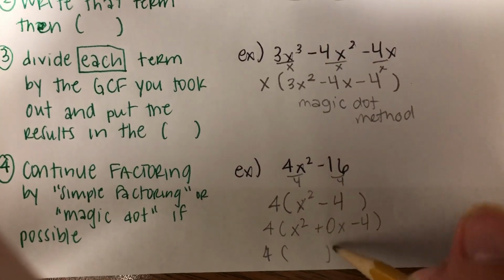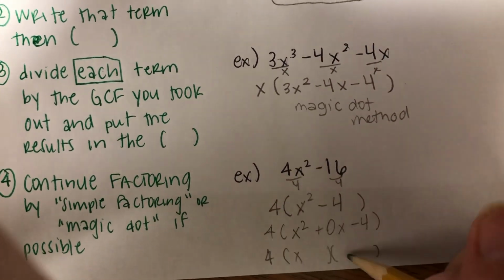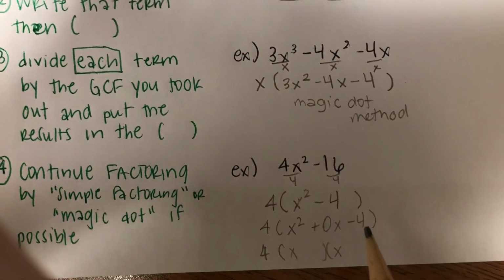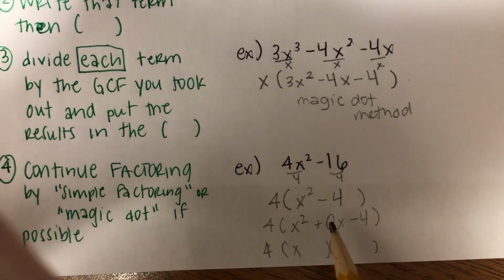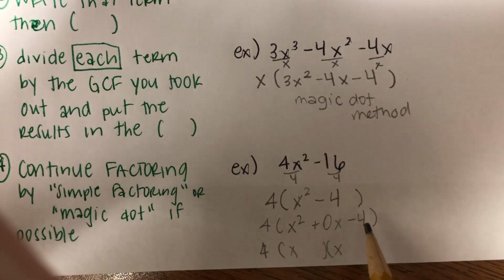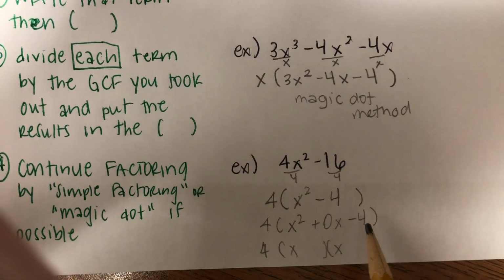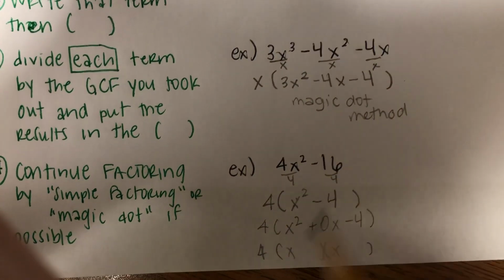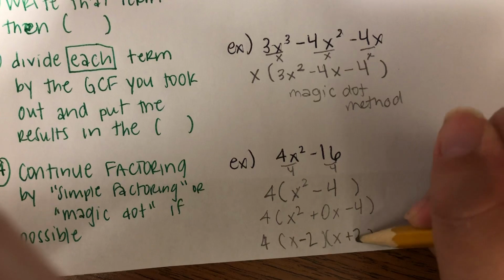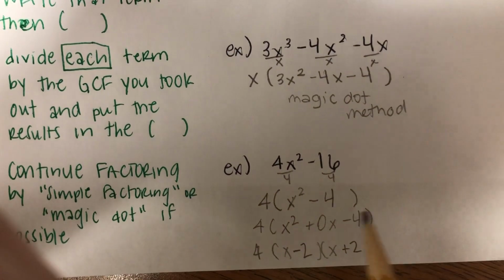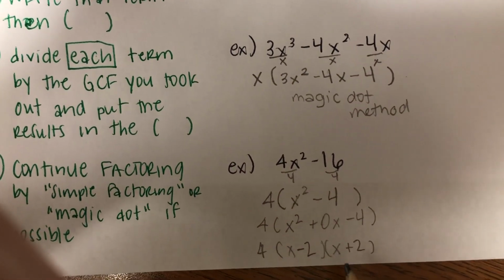We're putting parenthesis, parenthesis, x, x, and we need factors of negative 4 that give me 0. Well, factors of negative 4 that give me 0 are 2 and negative 2. 2 times negative 2 gives me negative 4. 2 minus 2 gives me 0. Later on in the course, we're going to learn that this is a special problem called difference of squares. There's an easier way to remember this.